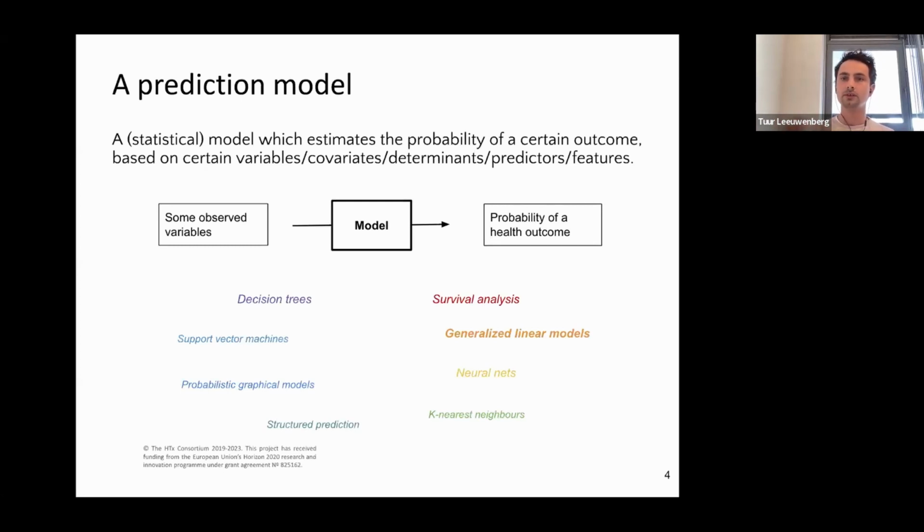And every research team sometimes uses its favorite modeling tools. One of the common modeling tools are generalized linear models, which are very common. But there's really a huge amount of models that can be used, and it depends exactly on the setting what is most appropriate to use, or what gives the best predictions.